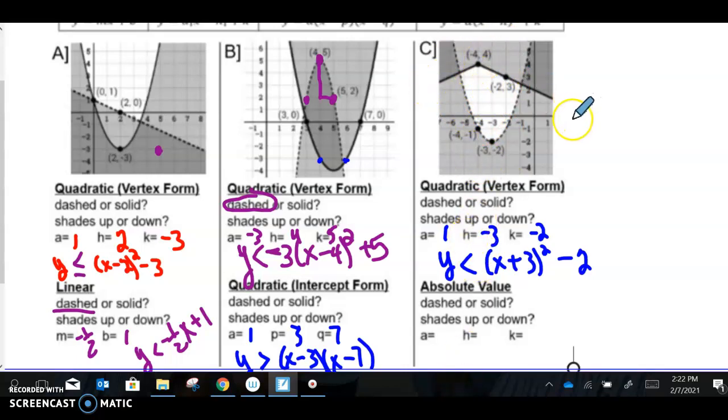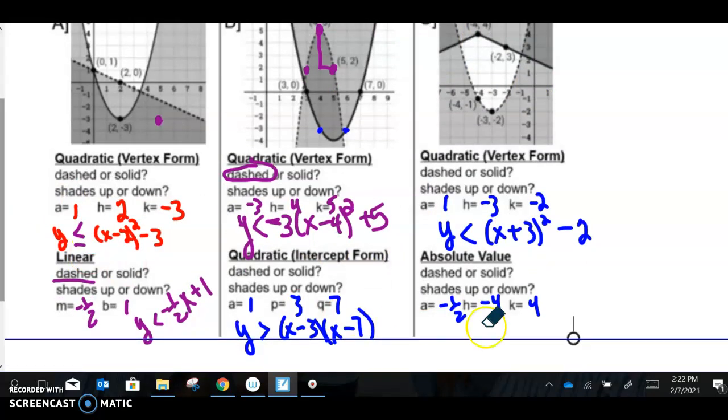However, with the absolute value, the vertex is -4, 4. It looks like I go down 1 over 2, -0.5, to get to the next spot. It's solid, so it's going to have or equal to. I just don't know, is it less than or equal to or greater than or equal to?